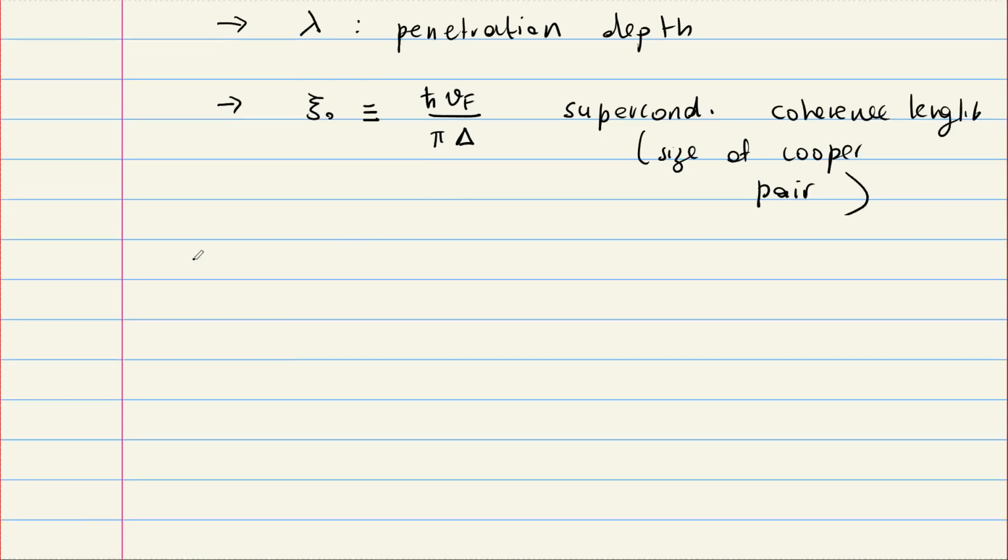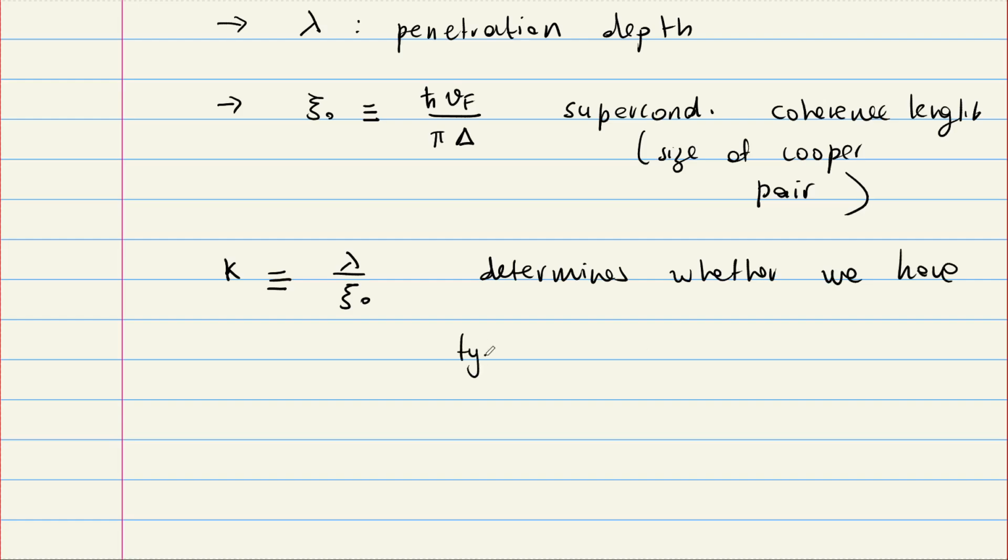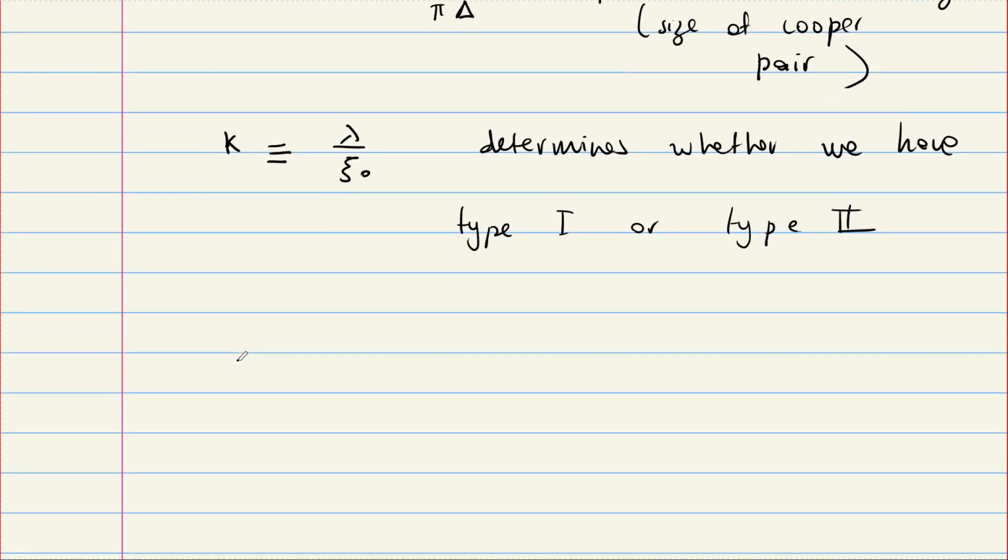And in the coming lectures, we are going to see that kappa, defined by lambda over xi naught, will determine whether we have type 1 or type 2. We are going to do this within the so-called Ginzburg-Landau formalism, and we'll see how kappa determines which type of superconductor it is.